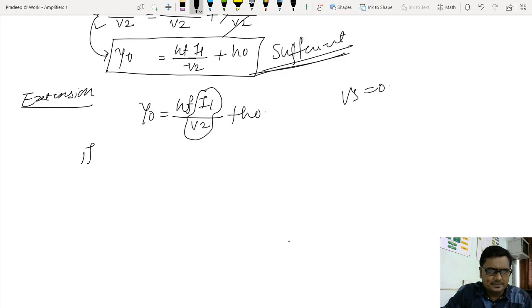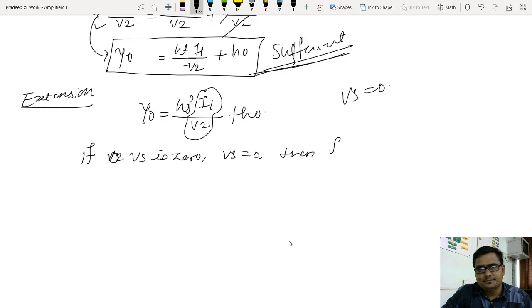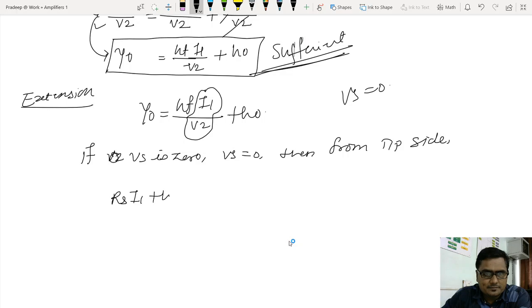Now if Vs is equal to 0, then from the input side I can write Rs multiplied by I1 plus Hi multiplied by I1 plus HR multiplied by V2, all is equal to 0.